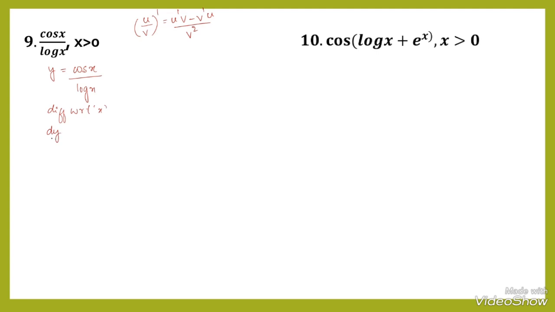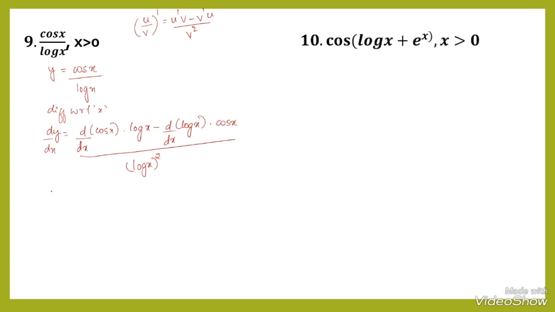Now dy by dx is equal to, first I differentiate the u function, that is d by dx of cos x, keeping log x here, minus d by dx of log x, again keeping cos x, divided by v square, that is log x whole square.